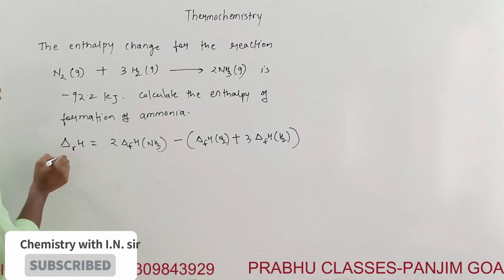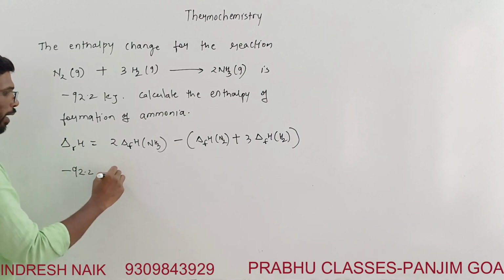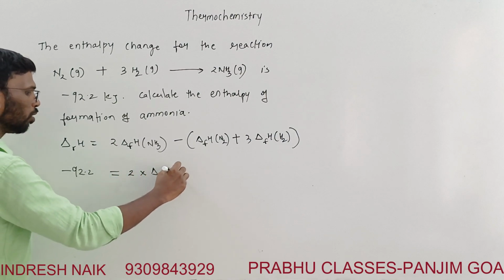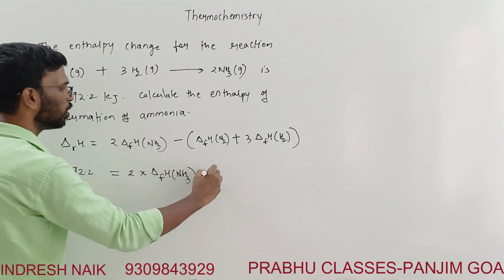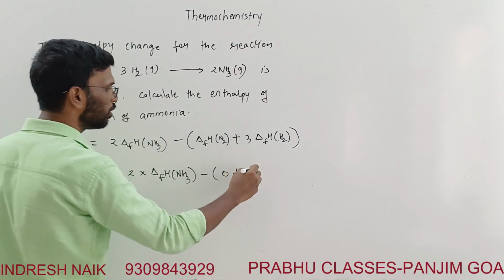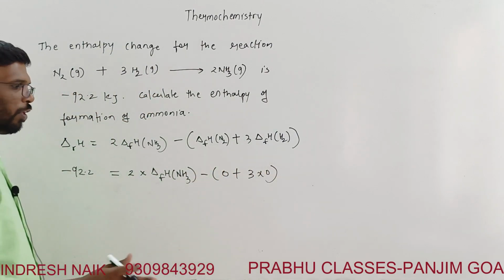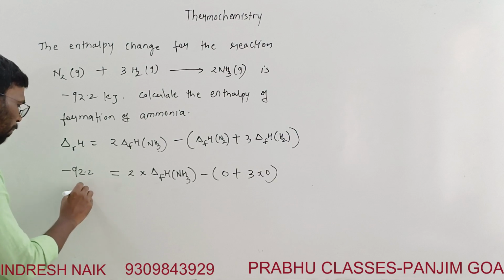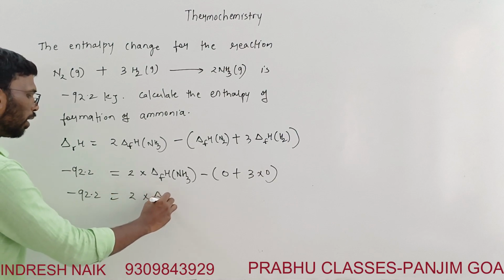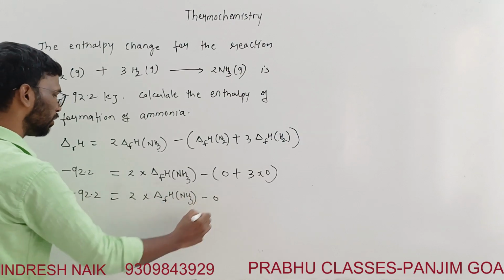So the enthalpy of reaction is given as how much? This value is given, 92.2 kilojoules. This is 2 into enthalpy of formation of ammonia. Nitrogen is 0, plus hydrogen is also 0 enthalpy of formation, because they are in the free or natural state. Therefore this is minus 92.2, equal to 2 into ΔfH of NH3 minus 0.